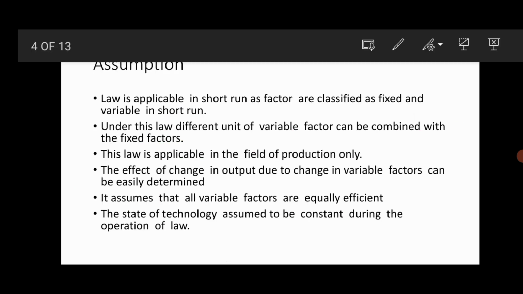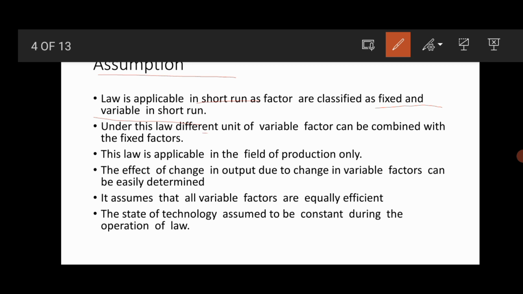Now we will see the assumptions of the law of variable proportion. The law is applicable in the short run only, as the factors are classified as fixed and variable only in the short run. In the long run, we find only variable factors and no fixed factor, as even the fixed factors can be changed.